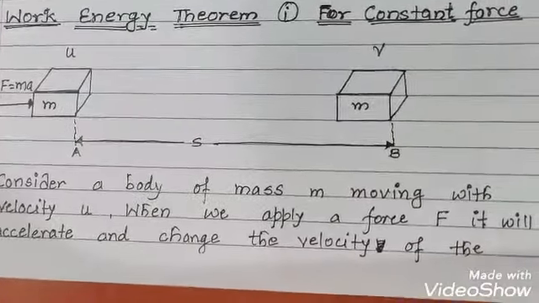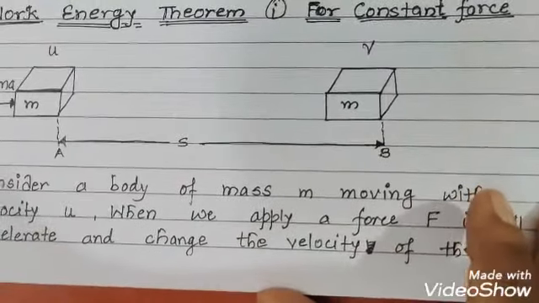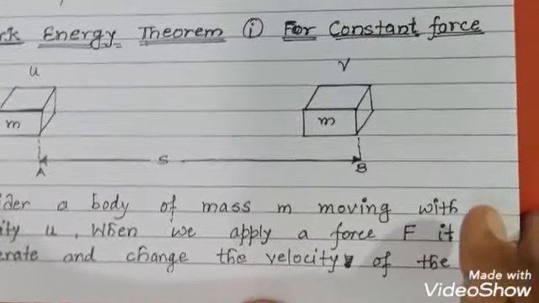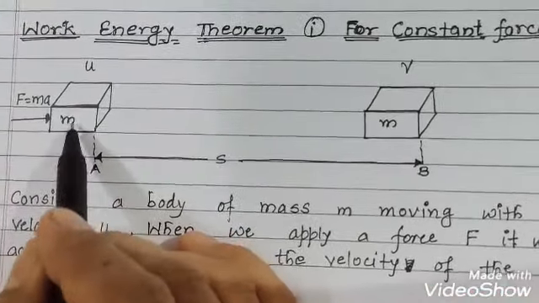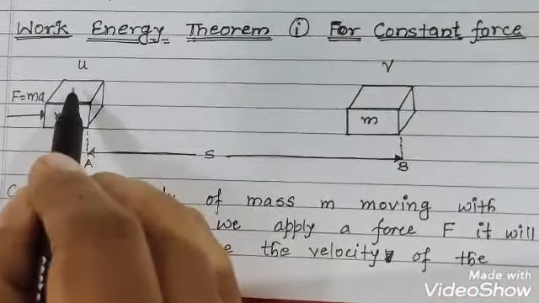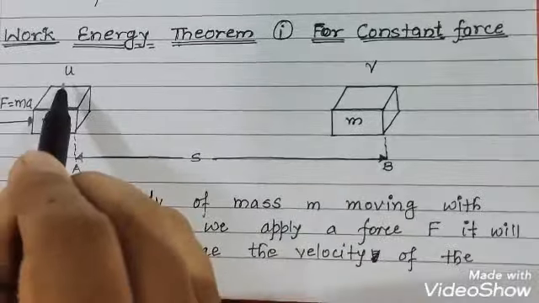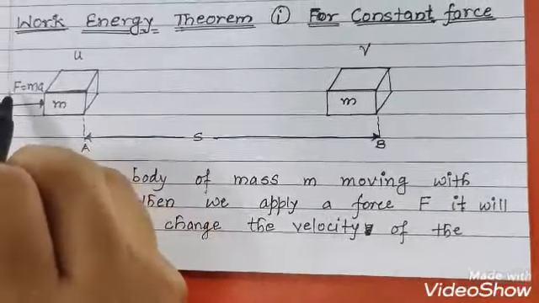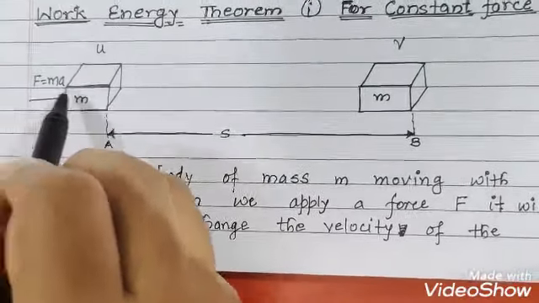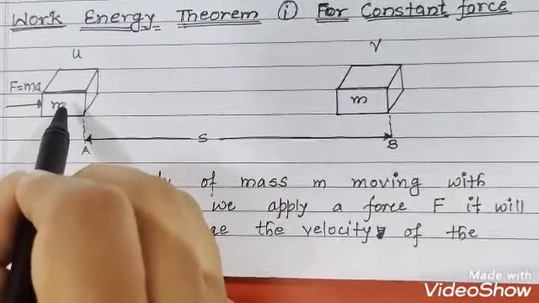To prove this statement, we are taking here an object of mass m, which is moving initially with velocity u. We are applying a force which will produce an acceleration a on the body.